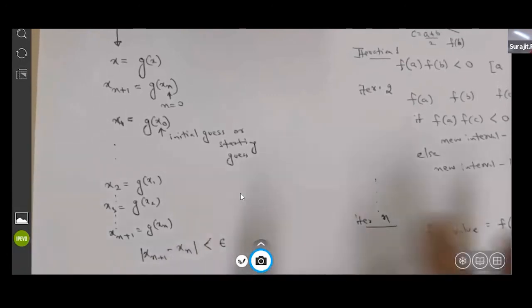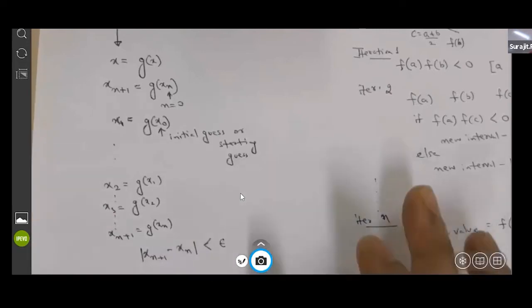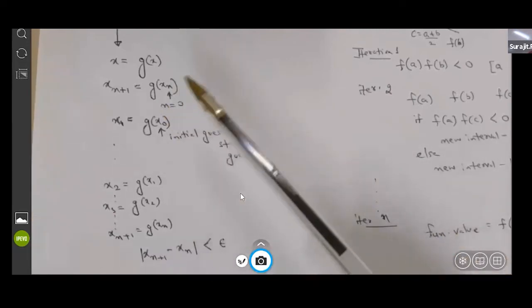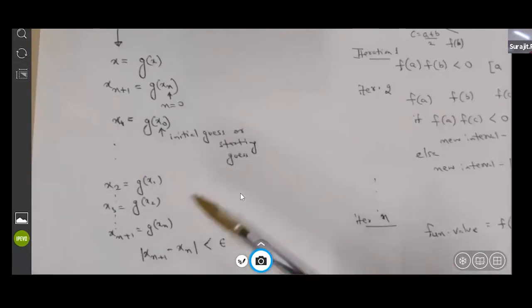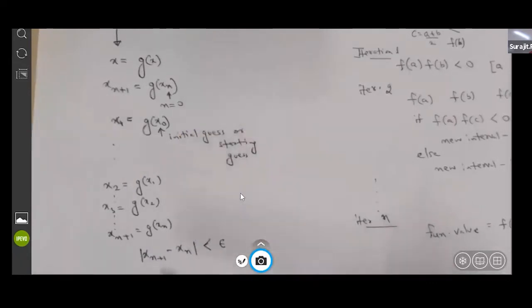This is how the fixed point iteration method works. This is just the basic discussion of the algorithm. So let me know if you understand this part or if you have any questions on this. Is everybody okay so far? Yes, Professor.